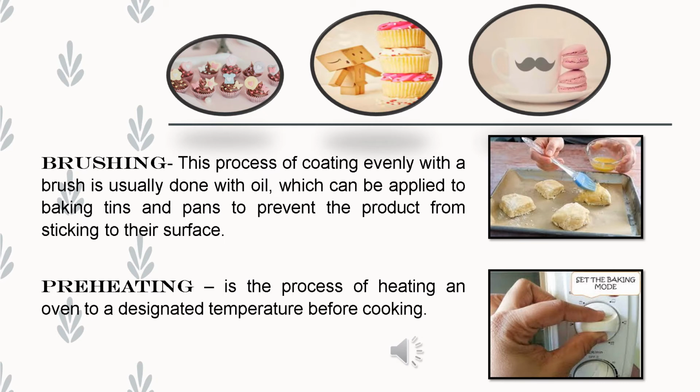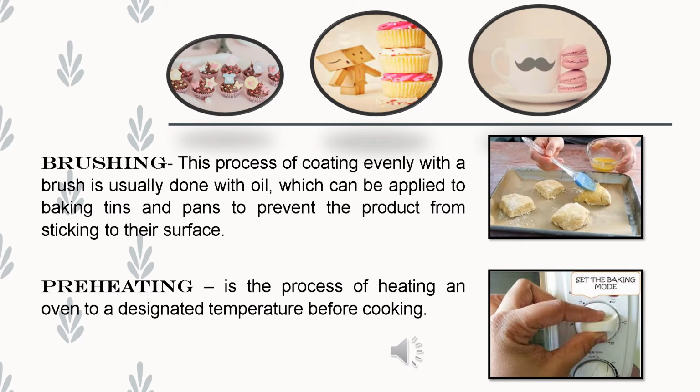The next method is brushing. This process of coating evenly with a brush is usually done with oil, which can be applied to baking tins and pans to prevent the product from sticking to their surface. You can also brush eggs or milk on top of bread to add flavor or color.